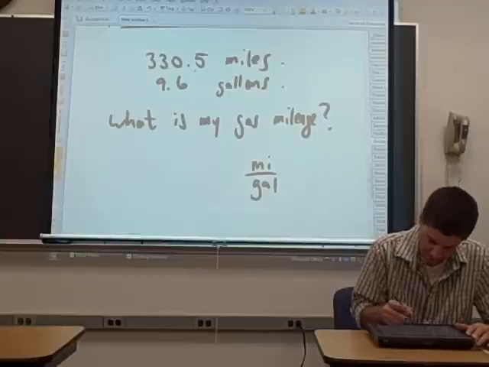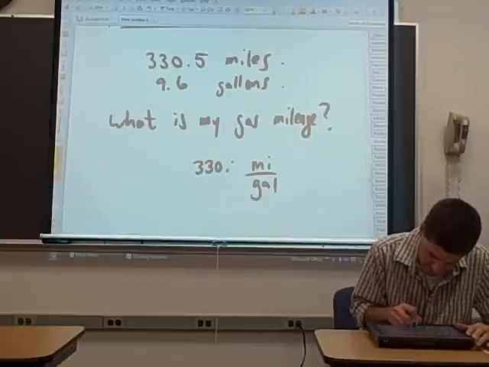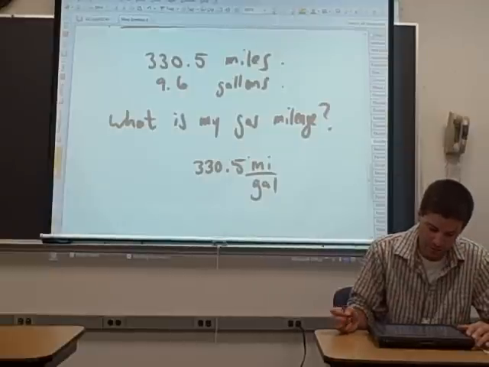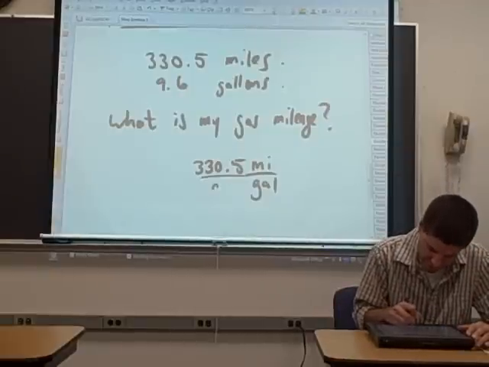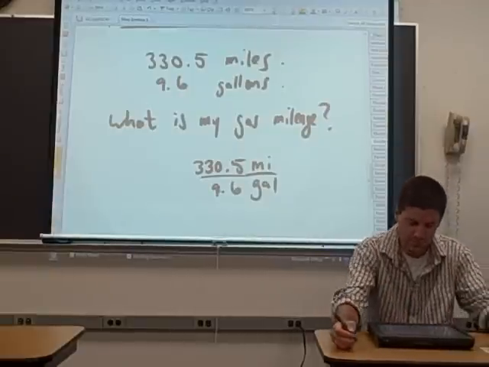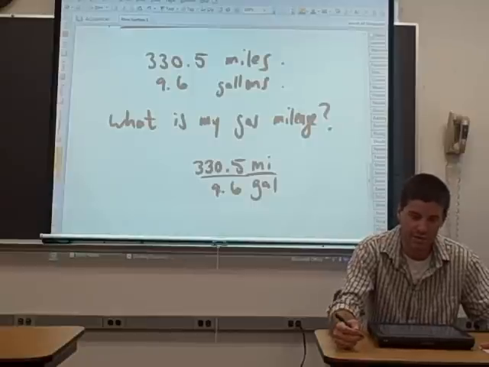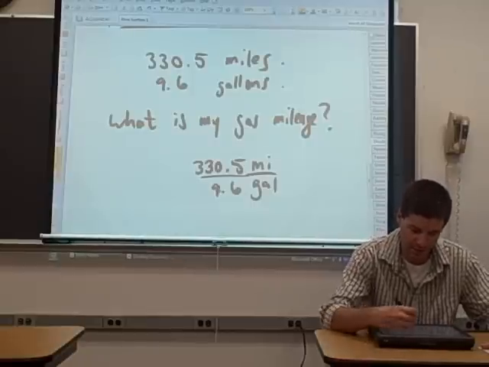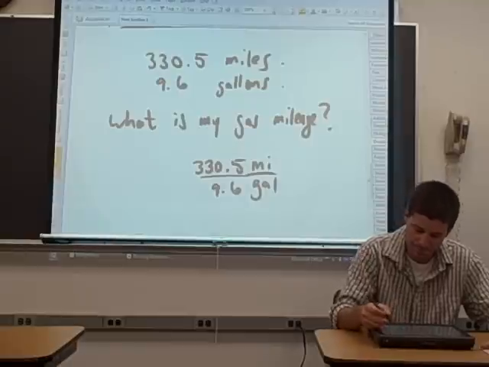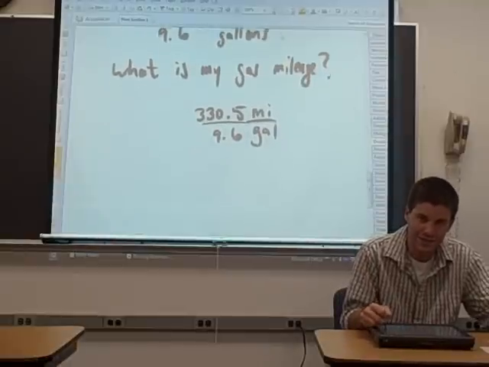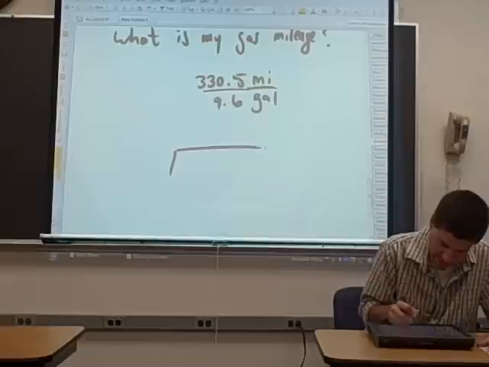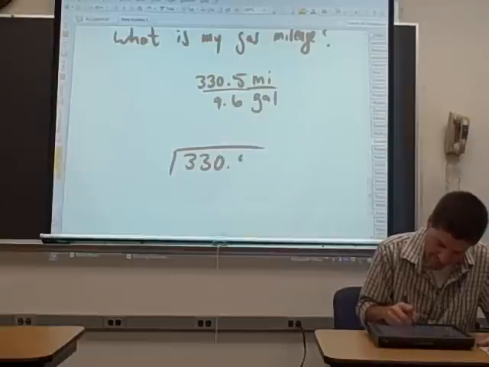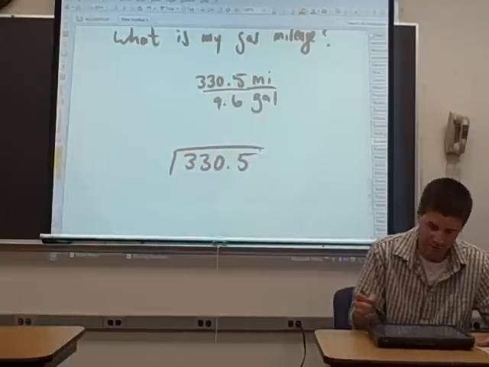We had 330.5 miles, and I put in 9.6 gallons. So there you go. If we want miles per gallon, all we do is divide miles by gallons. So what that leaves us with, mathematically, is 330.5 divided by 9.6.